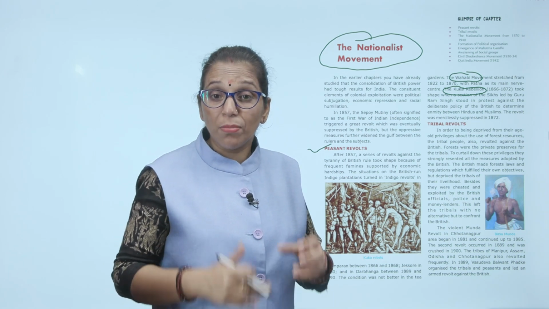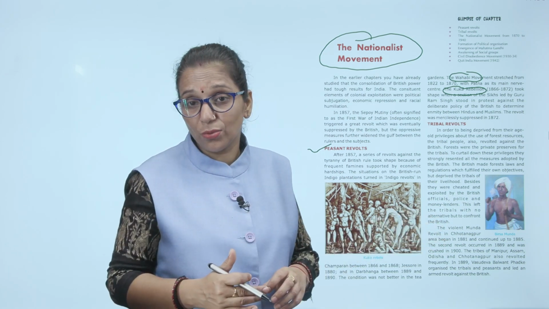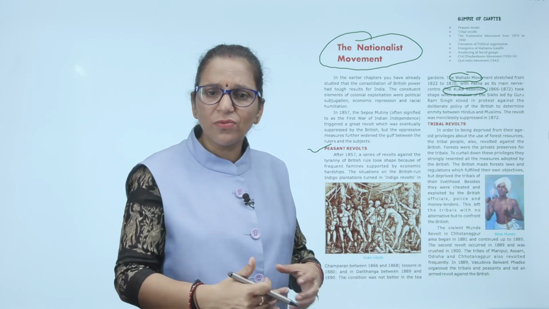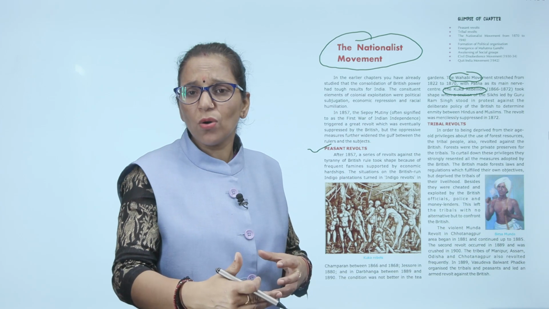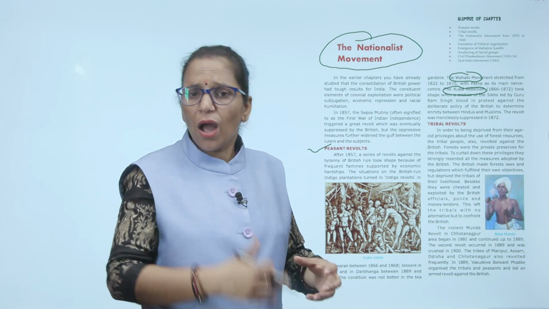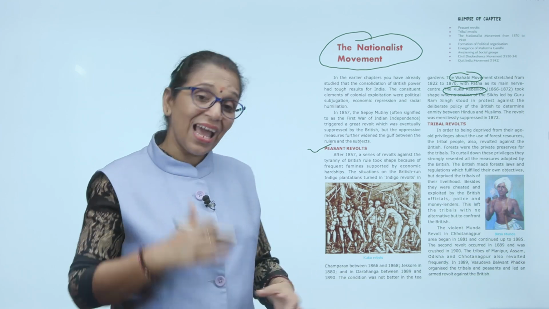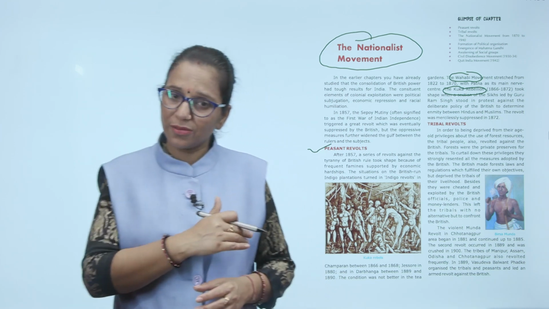The revolt was mercilessly suppressed in 1872. So peasants revolted, indigo planters revolted, tea planters revolted, the Kuka rebellion was there, the Wahhabi movement was there. There were so many rebellions against the anti-policies of the Britishers.